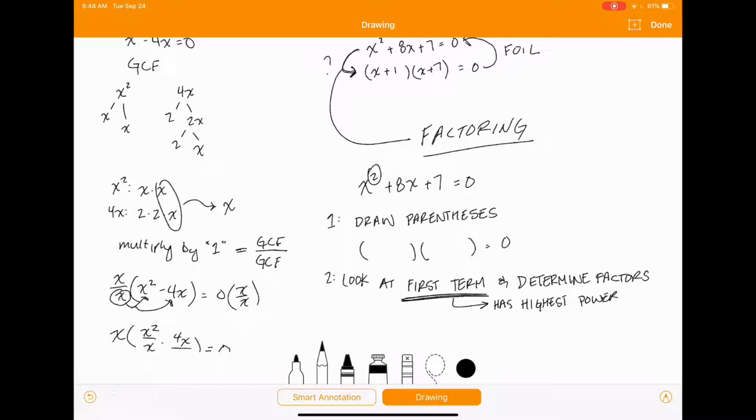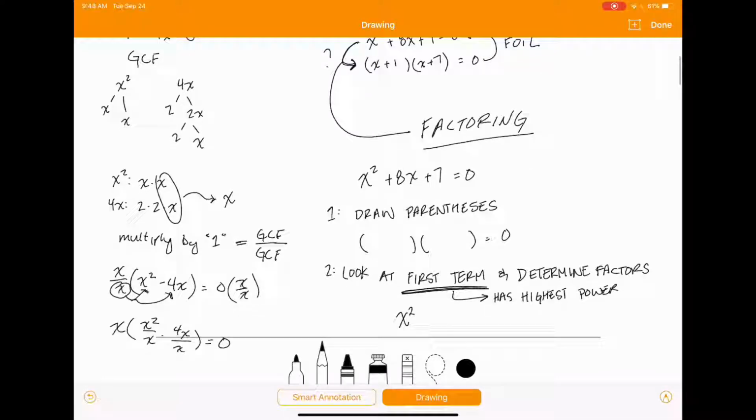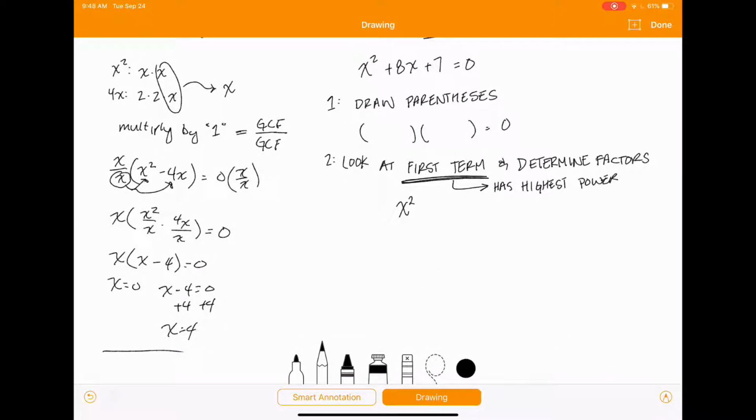So when we factor x squared, we know that x squared is equal to x times x. Since we've only got two options here, we're going to place each of these in the beginning of each of the parentheses, putting x there and x there.